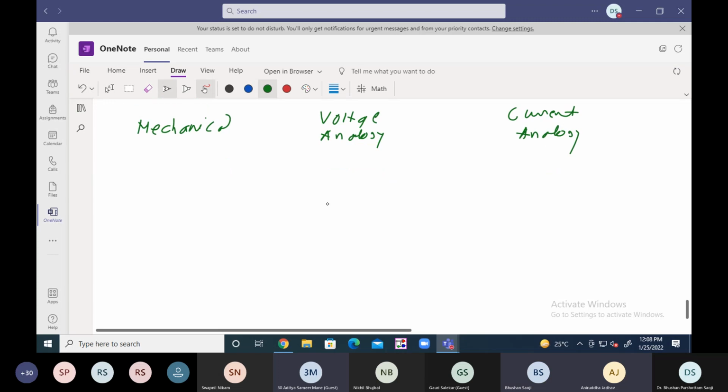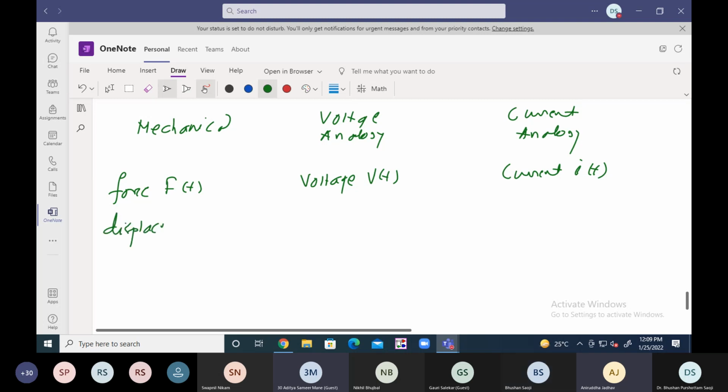Current analogy. Here first is force, that is F of t. Here voltage V of t, and here it is current I of t. Okay. Then here the displacement, that is x of t.